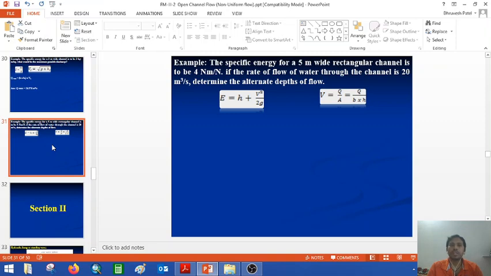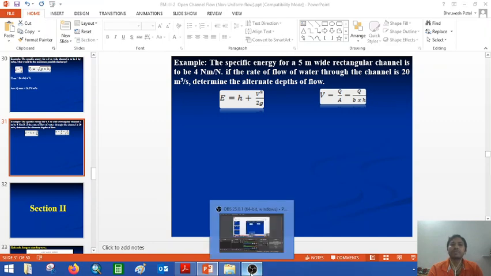For example, for a check dam we are constructing across a river, we want to know what supercritical flow will be generated downstream, what subcritical flow will be generated upstream, and what critical flow will be generated exactly above the crest. Based on that they prepare the design, work out the different design components and construct this type of structure in the field. And due to this reason we get the maximum benefit, otherwise it will be destroyed.